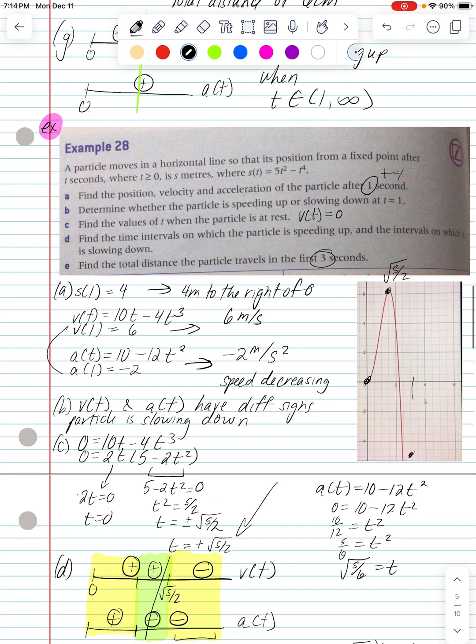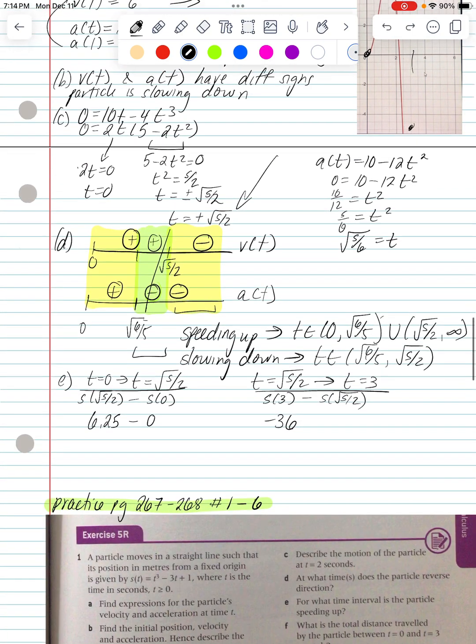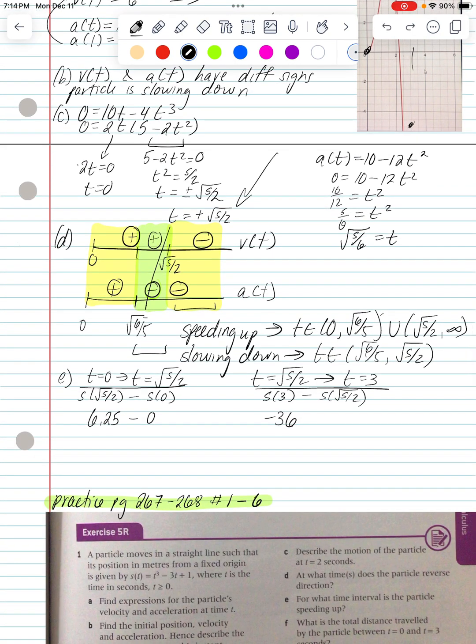And again, every time I'm just plugging it into this original function where t is. And then when I plug in root 5 over 2, we did it over here, we get a 6.25. So in this first portion, we end up with an overall distance traveled of 6.25 meters. In the second, we end up with negative 42.25 meters.